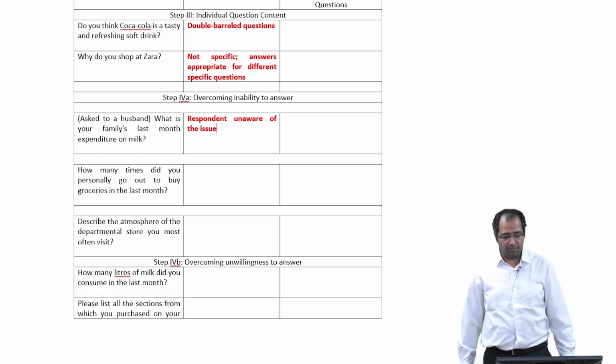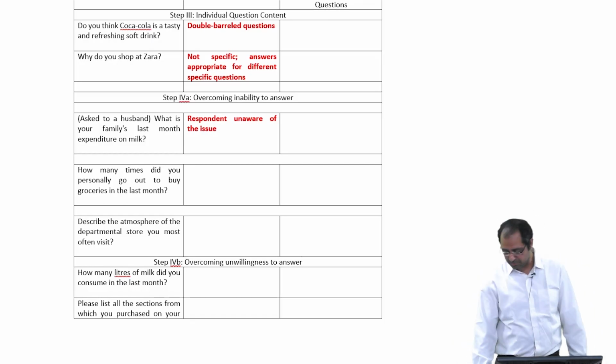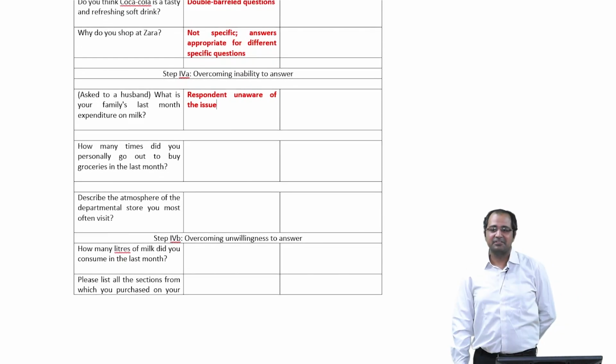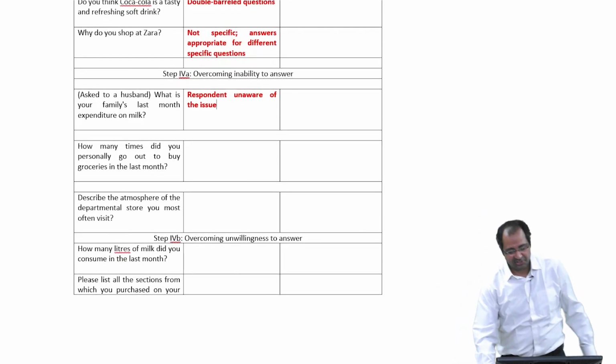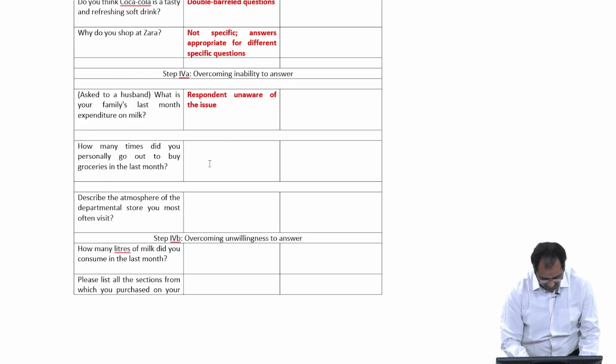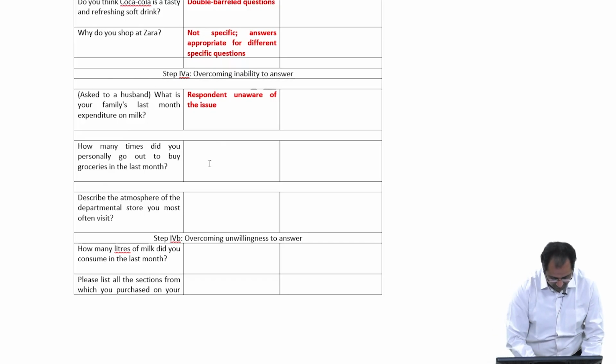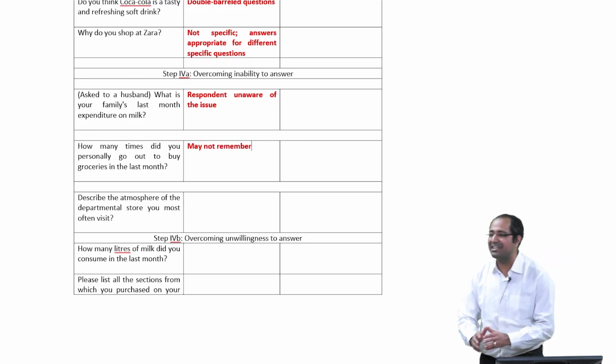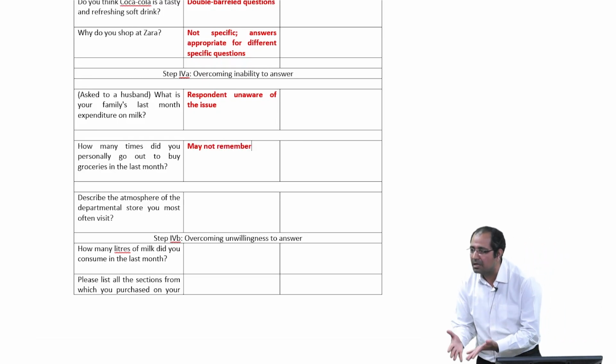Next, what is the problem? Next question, how many times did you personally go out to buy groceries in the last month? What is the problem? May not remember. So ask the question in a way that the person would remember.